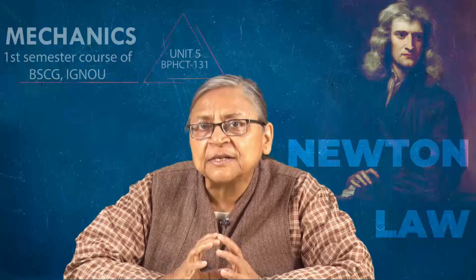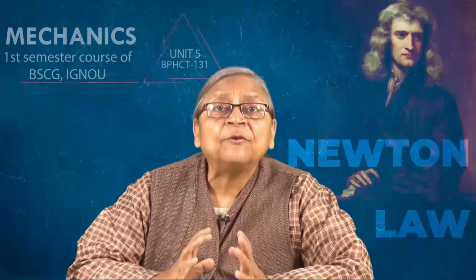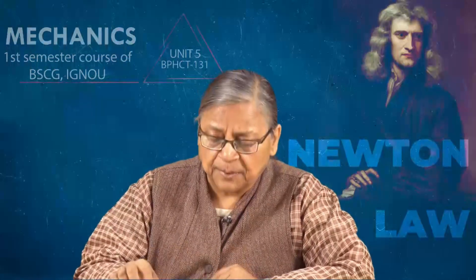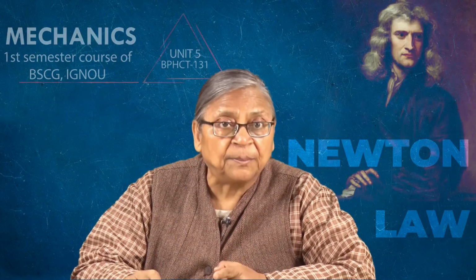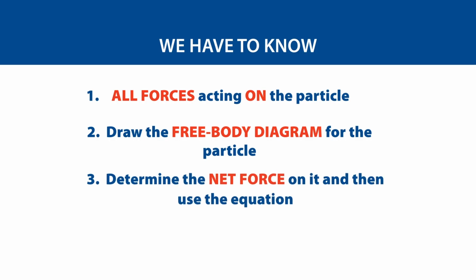So now we represent the object as a particle and find out what forces are acting on the particle, only on the particle. And then we draw the free body diagram for the particle and determine the net force on it, and then use the equation F is equal to ma to find either mass or acceleration.